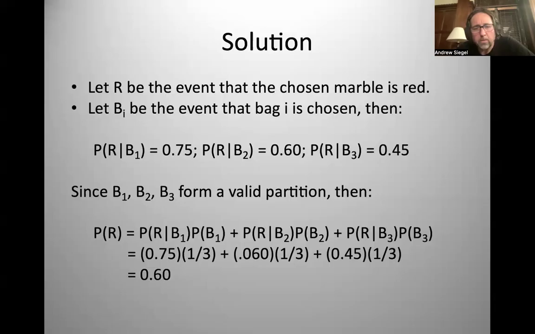So given all of that, you just plug them into the formula, and the probability is 0.75 times a third, plus 0.6 times a third, plus 0.45 times a third, which gives you 0.6. I had a mistake there earlier. I set the numbers up so that it came out nicely. The probability that the marble is red is 0.6.